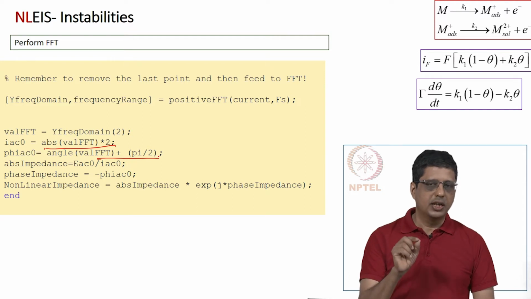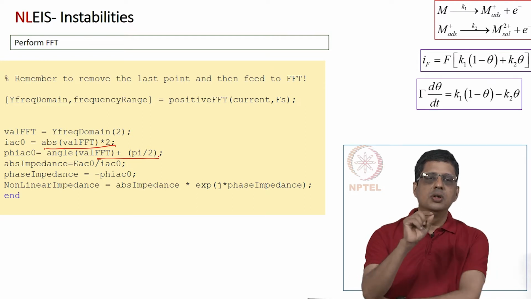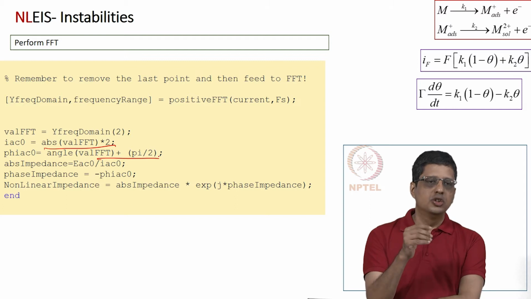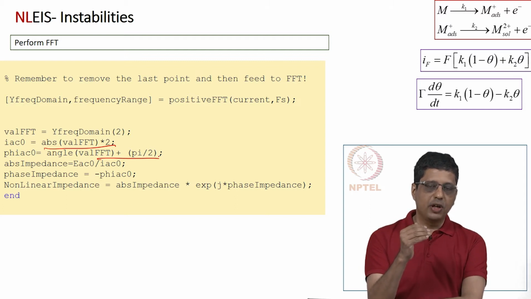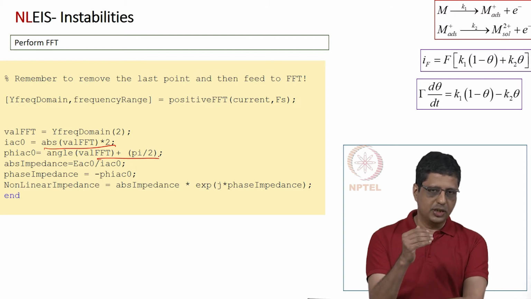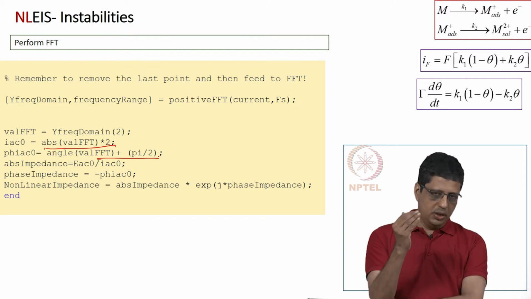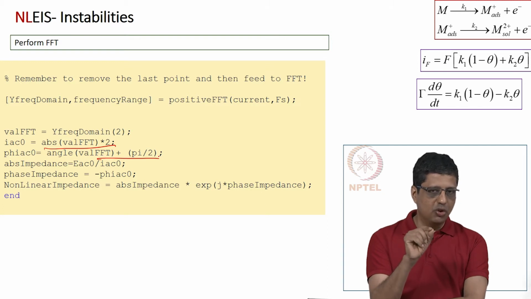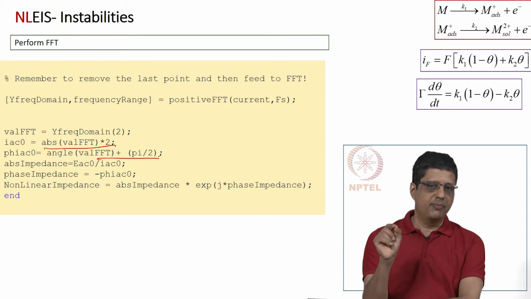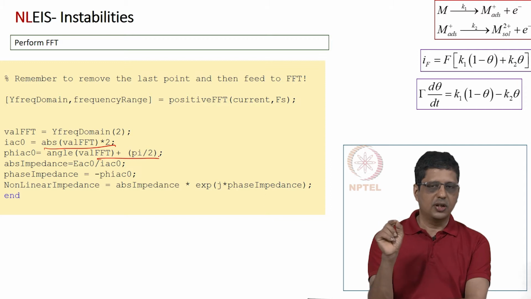Just before starting the experiment, you can ask it to measure the open circuit potential. So, it might say 0.2 volt with respect to reference, and then if you say 0.5 volt with respect to open circuit potential, it would apply 0.5 volt plus 0.2 volt. So, it will apply 0.7 volt with respect to reference electrode, but it does not monitor how the open circuit potential changes with time or whether it is remaining constant or not.